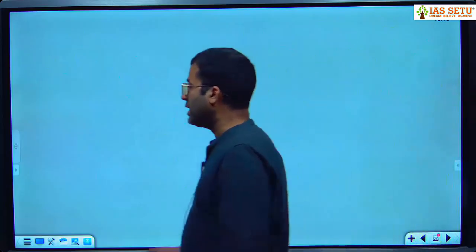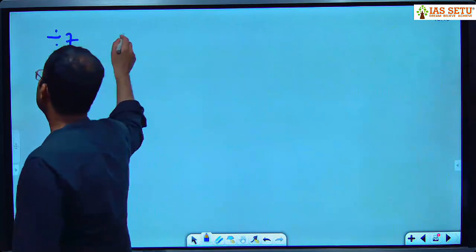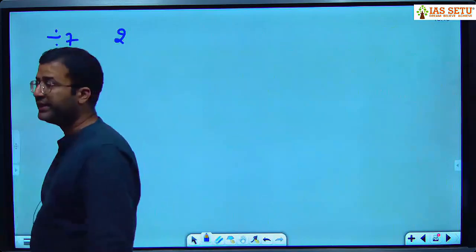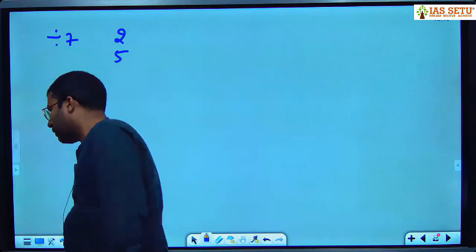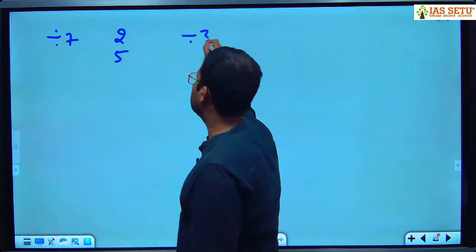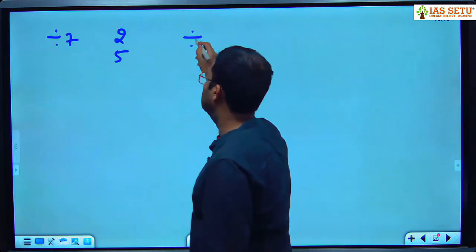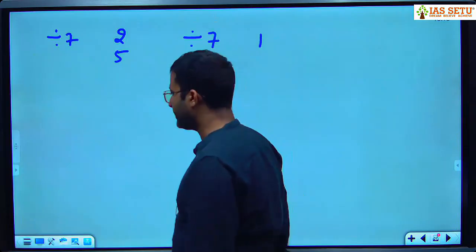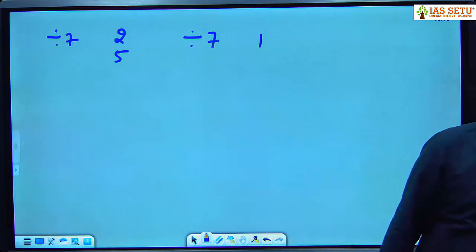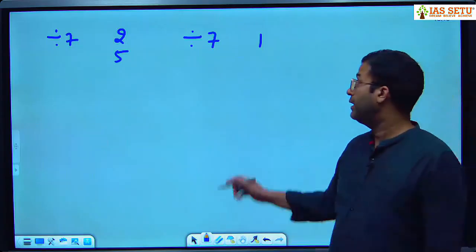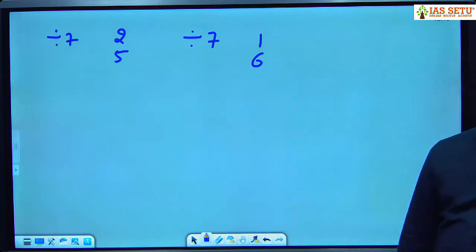How come? Like if your divisor is 7, positive remainder is 2. Write in comment what is negative remainder. 5. If your divisor is 7, your positive remainder is 1. Write in comment what is your negative remainder. 6, yes.